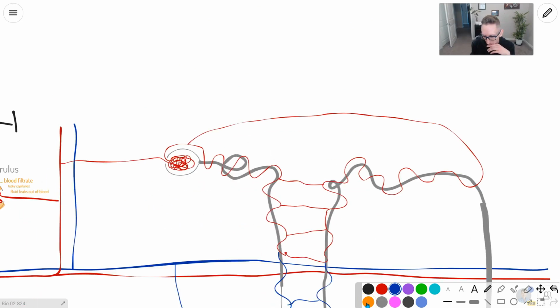We'll draw the blood flow in orange. Blood flow is going to come in. It's going to go all through here. And then it's going to wrap around. Some of it's going to go over here, like so. Some of it's going to go in this direction. And then it's going to flow down.